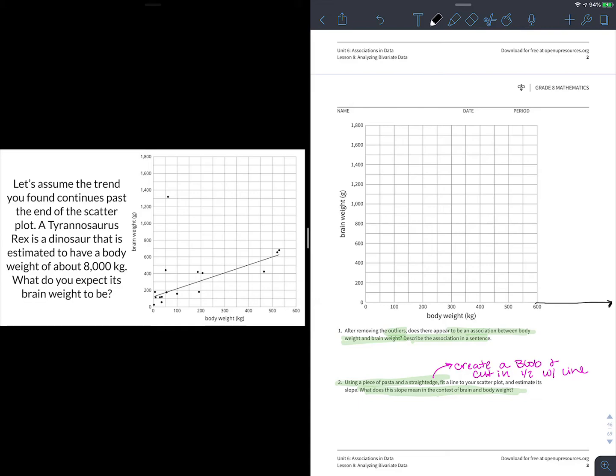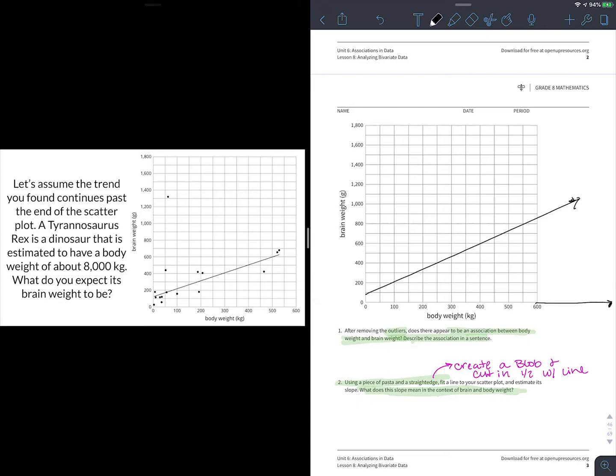So looking at that line, I'm going to try and draw the line in without the data points. Looks like it's going right under the 200 mark. 200. And I think right here is pretty close to it. Close enough line.